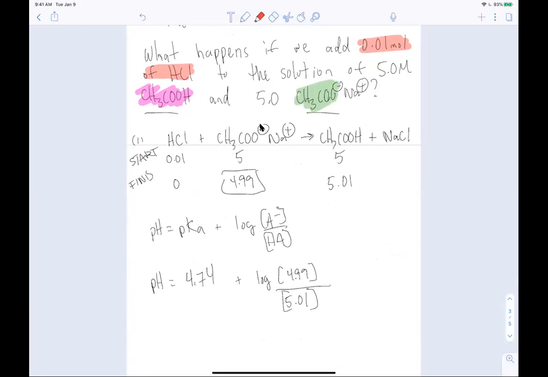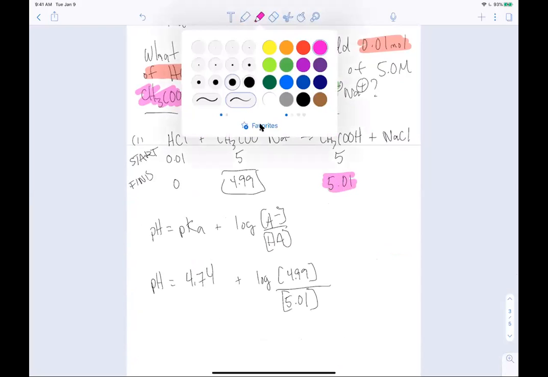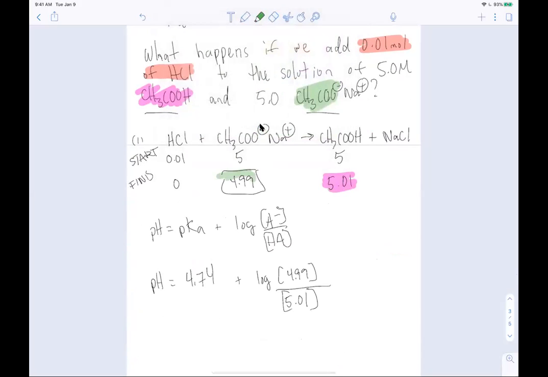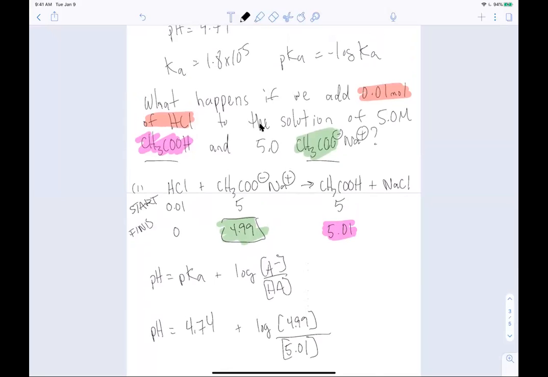Divided by 5.01. So all we've done here is look at, okay, we have a buffer that's 5 molar acetic acid and 5 molar acetate.